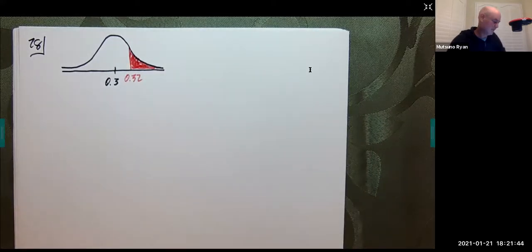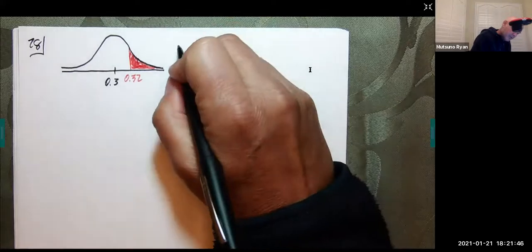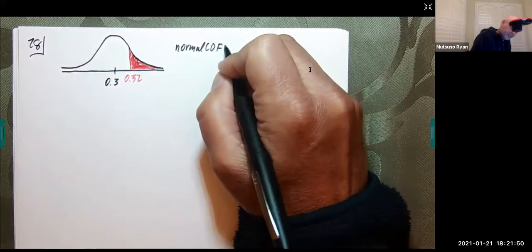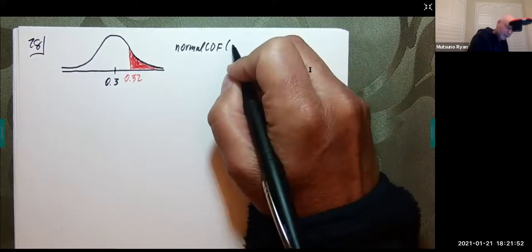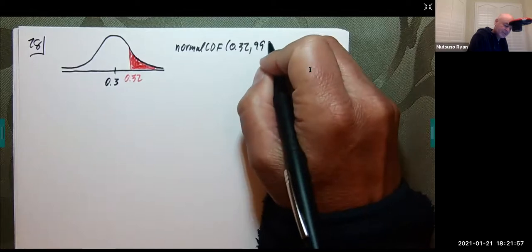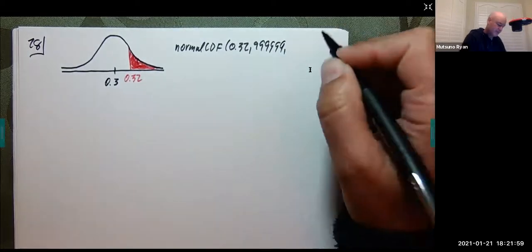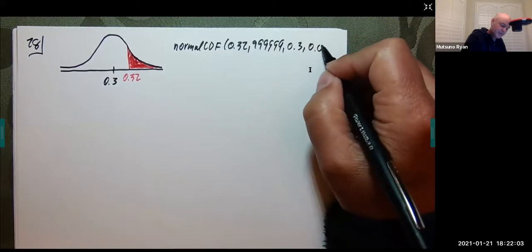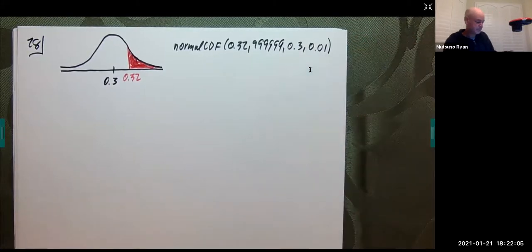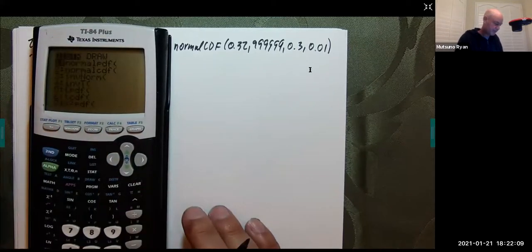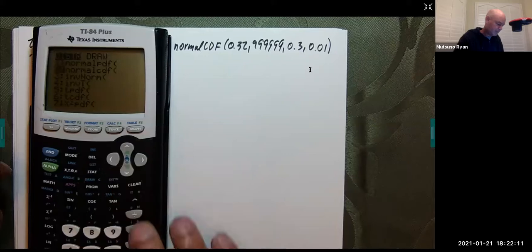So in our calculator, we're going to put normal CDF. The lower boundary is 0.32. The upper is just any big number. I just put a bunch of 9s. The mean is 0.3. Standard deviation is 0.01. This is normal CDF.